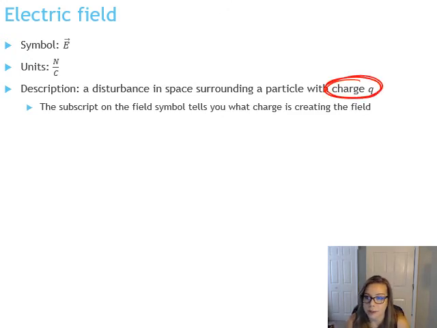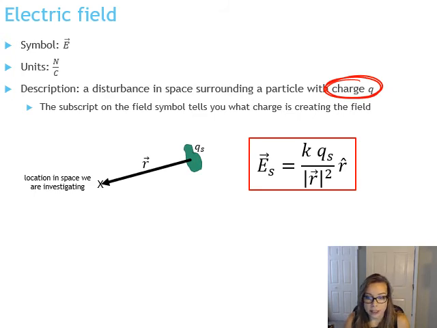Charge is given the symbol Q, a lowercase q. Sometimes in chemistry they say uppercase Q, but I like to use a lowercase q. Again, you can put a little subscript on there that names the particular particle you're talking about so that you can match it with the field that it generated. The equation for this electric field looks very similar to the equation for the gravitational field.